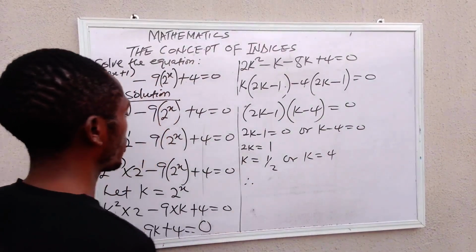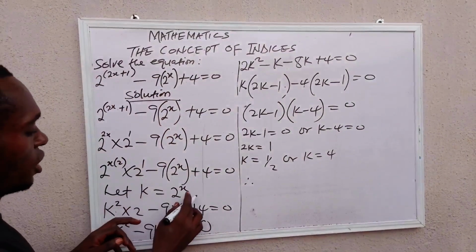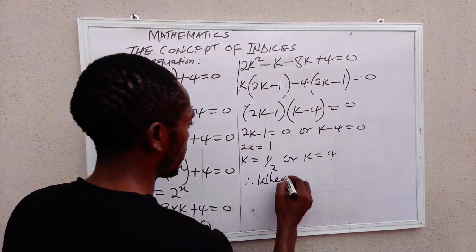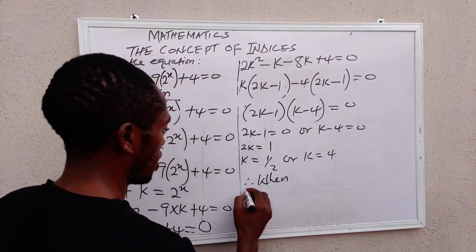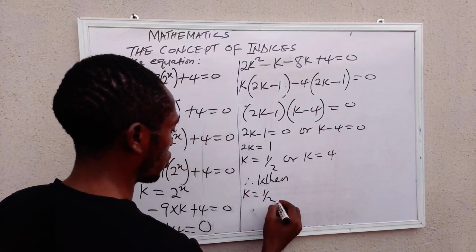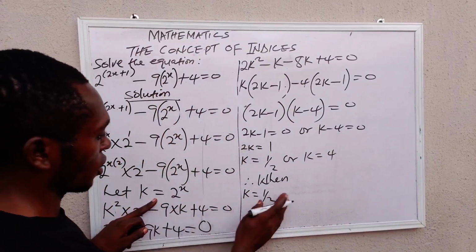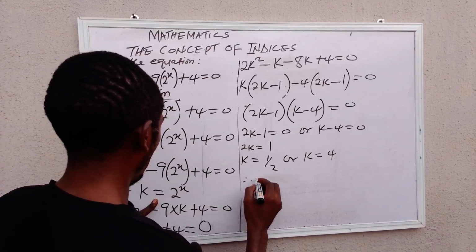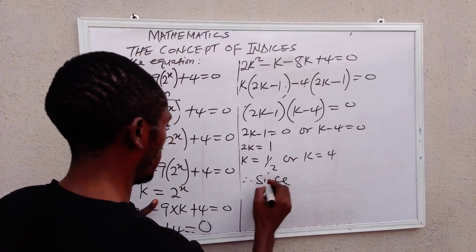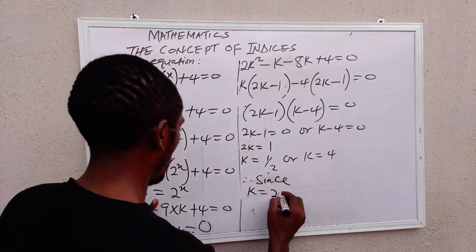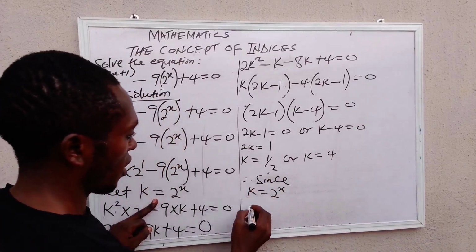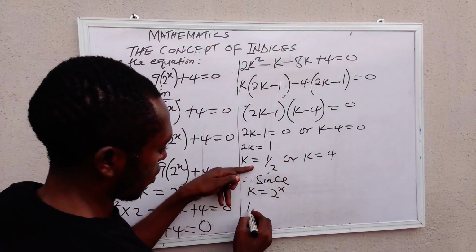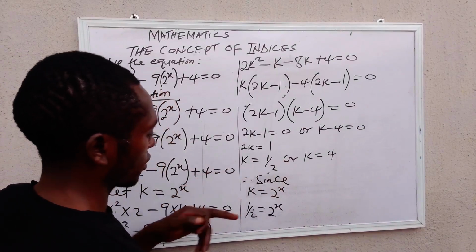So therefore we can now say, since we said that let k be 2 raised to the power of x, therefore when k is equals to 1 over 2, so anywhere I see k, for this first one, I have 1 over 2 equals to 2 raised to the power of x.